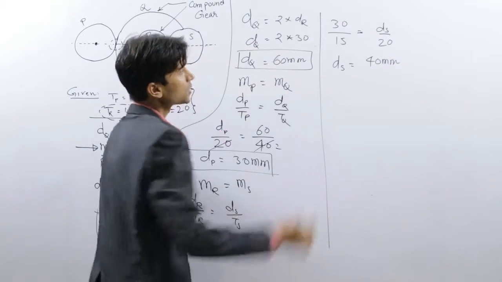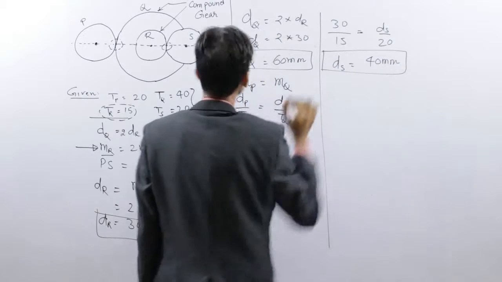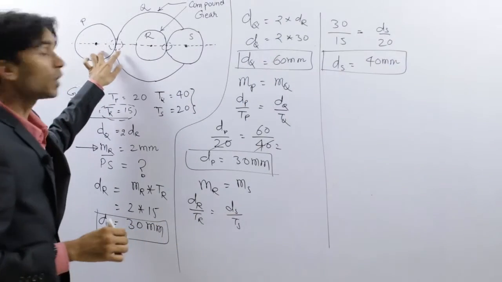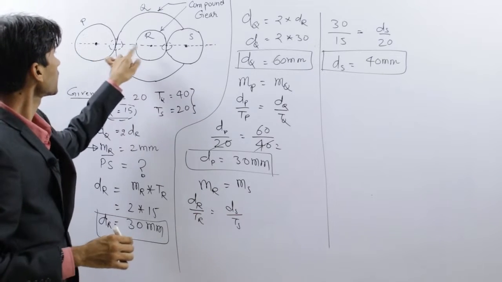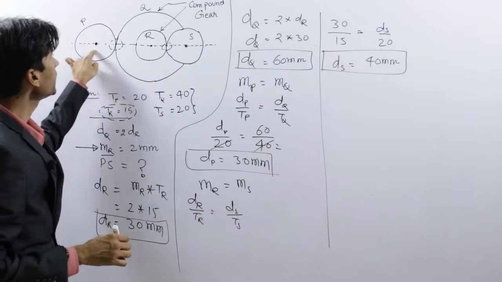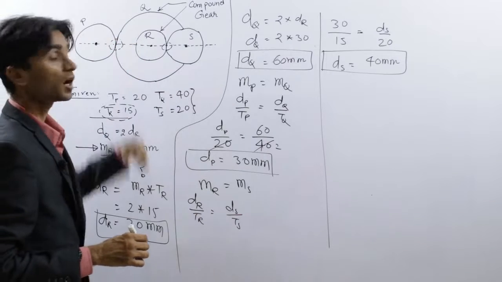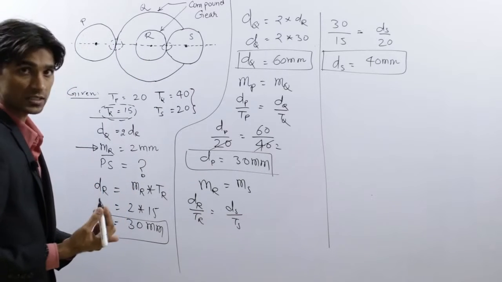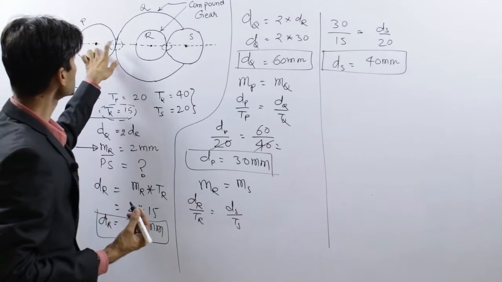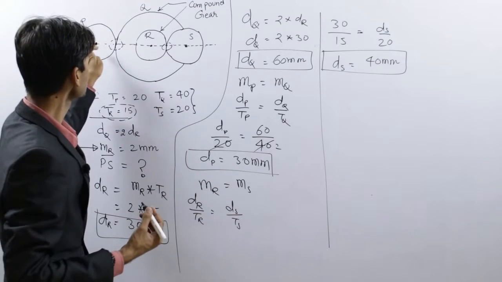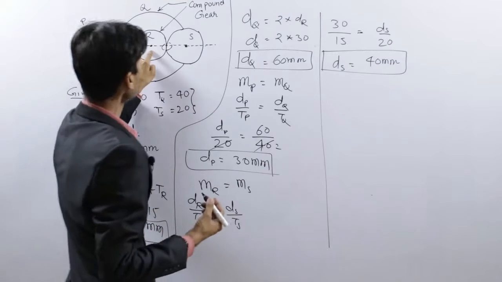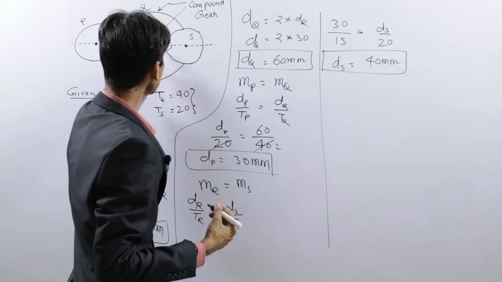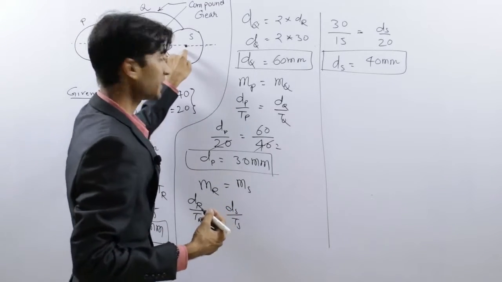Okay. So we got all the diameters. Now P and Q are in engagement, so we can find the distance between the centers of gears P and Q. Q and R are both coaxial, and we can also find the distance between the R shaft and S shaft.